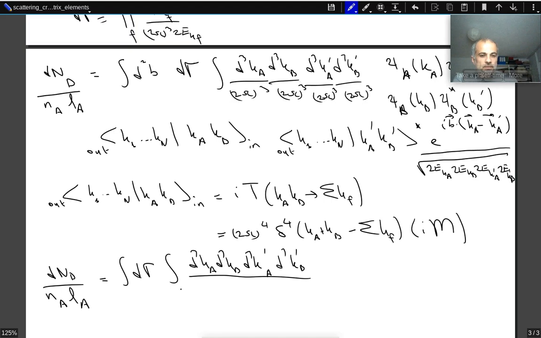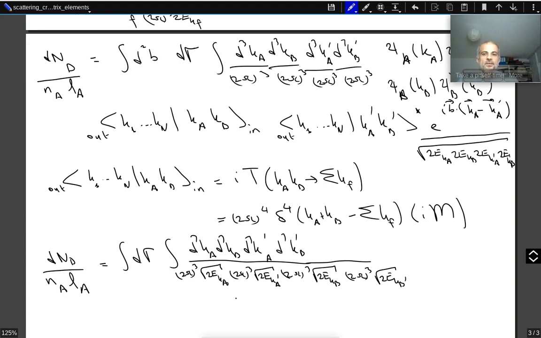So here I have 2 pi cubed square root of 2E ka, 2 pi cubed square root of 2E ka prime, 2 pi cubed square root of 2E kb, 2 pi cubed square root of 2E kb prime.